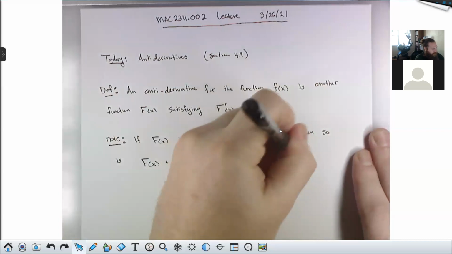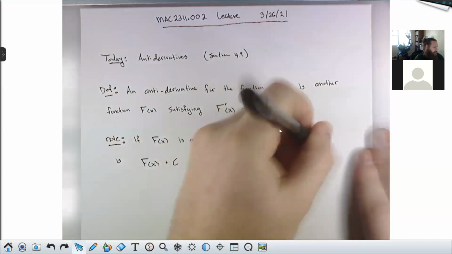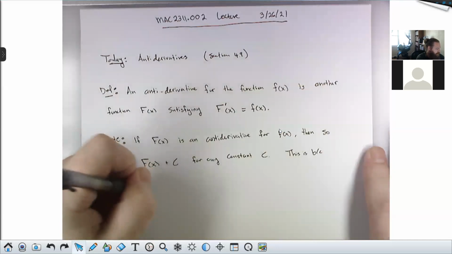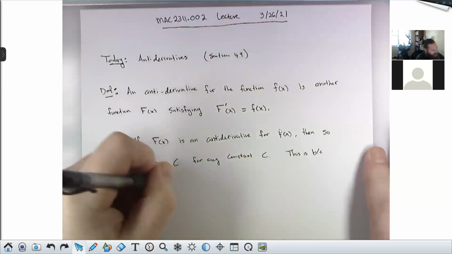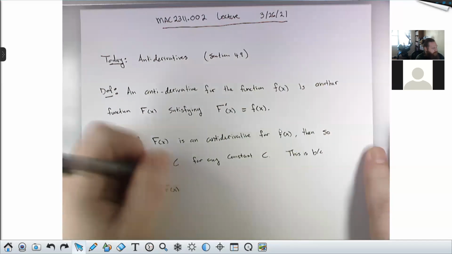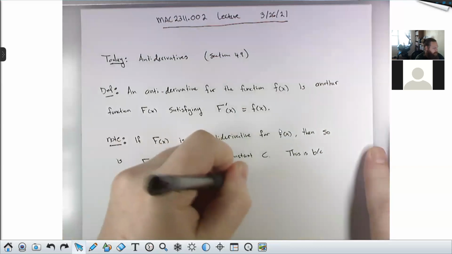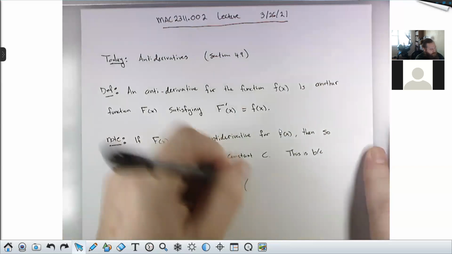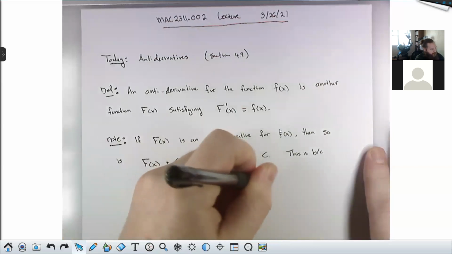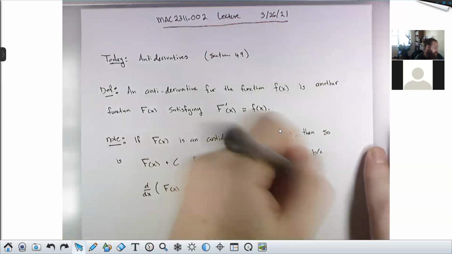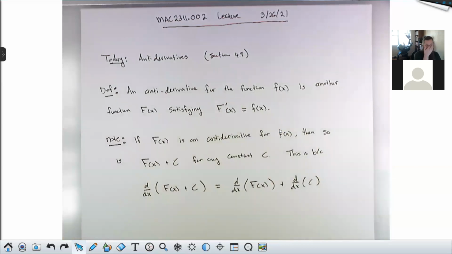This is because d/dx of capital F of x plus c is equal to d/dx of capital F of x plus d/dx of c. All right, the derivative is a linear operator, meaning it splits up over addition.